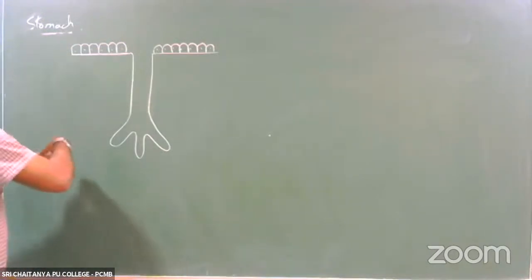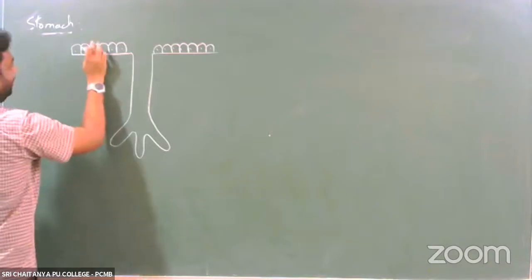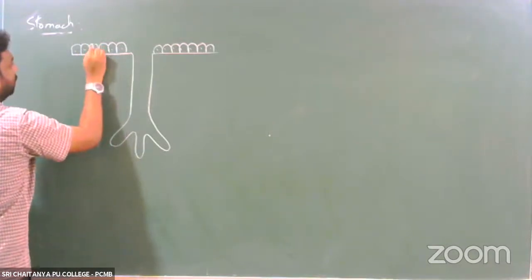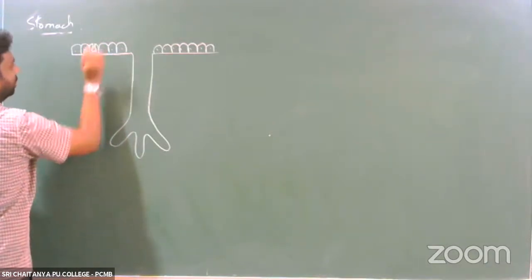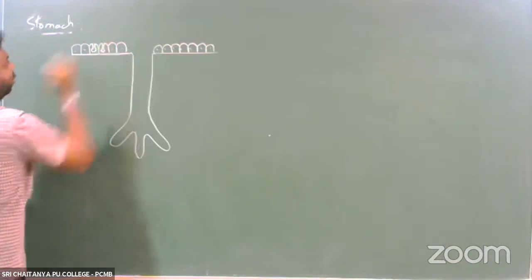Number one, the first type of cell present is called the goblet cells. Here we'll be using different colors so we can indicate those types of cells. Here we would have these mucus secreting cells, and the structure of a mucus secreting cell would be like this, which is why I'm drawing it like this.